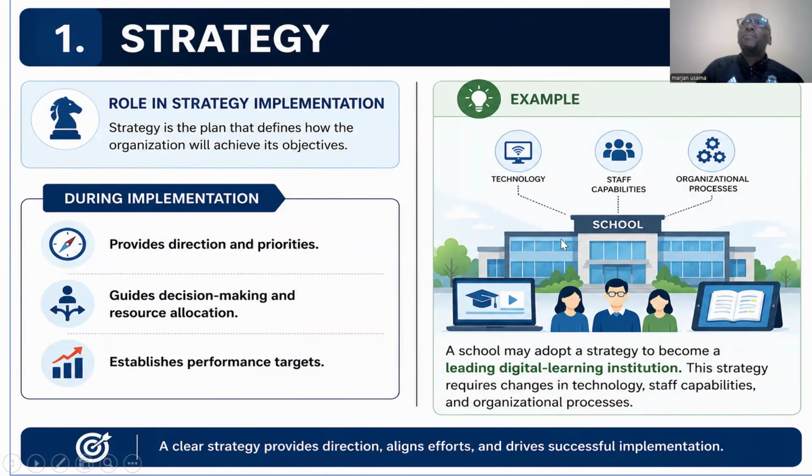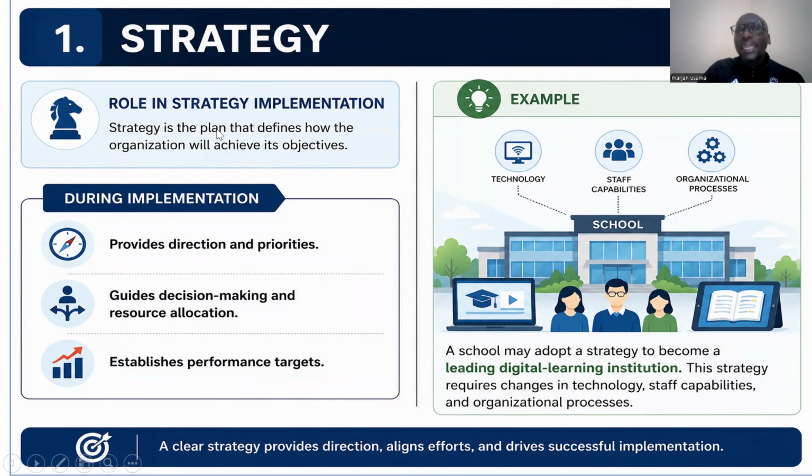When you are talking about a strategy, remember we define a strategy as your plan, like your methodology. So what is the role of strategy in implementation? Strategy is the plan, al-khutta.